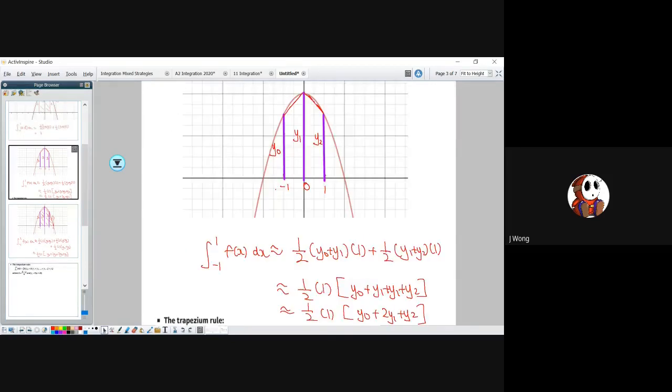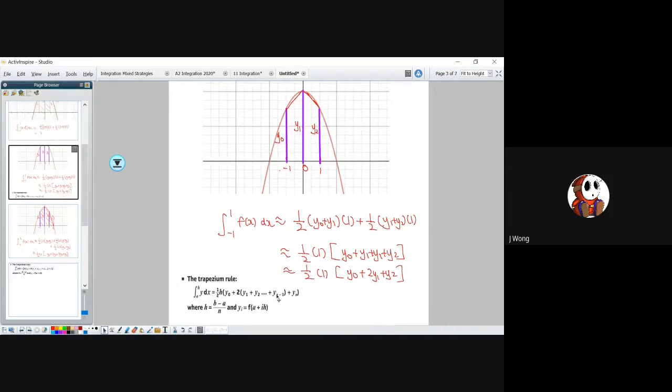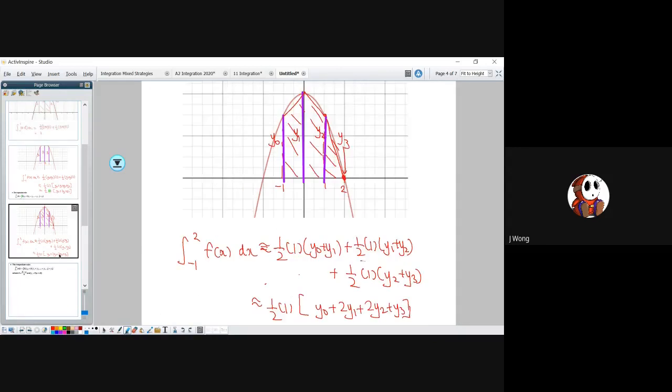So the trapezium rule is actually given as a half times h, which stands for the width of each strip. So the width of each strip is 1, so that will be h, and then times it by the endpoints, y0 plus where we end, let's say y2, plus 2 lots of what is in between, in this case y1, and in the next case that will be y1 and y2.